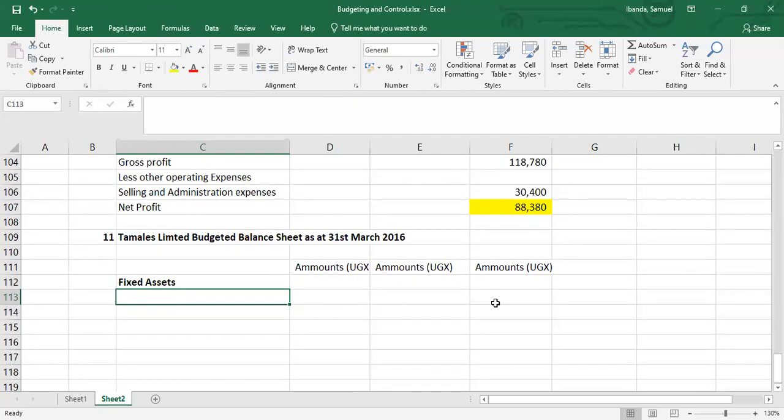Under my fixed assets, as you can see from our question, I'm looking at the balance sheet I started with and the additional information. If you look at the starting point, we had land and building.